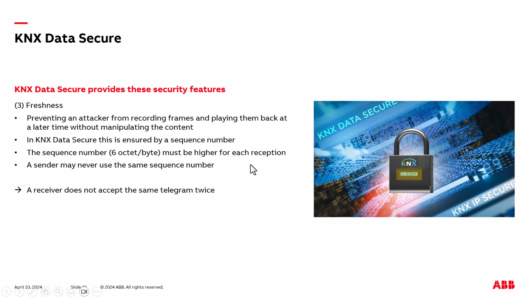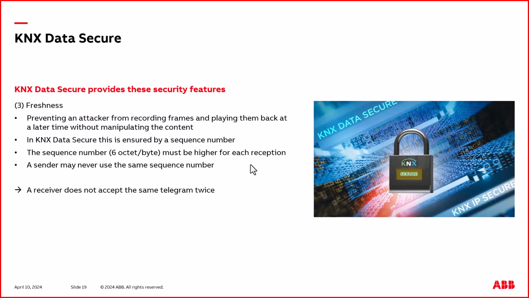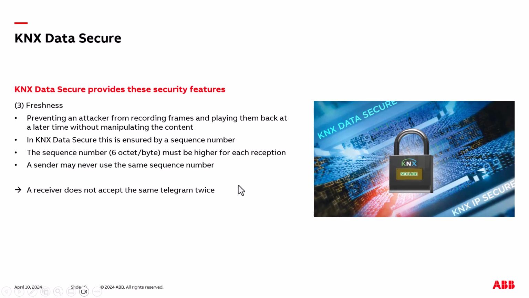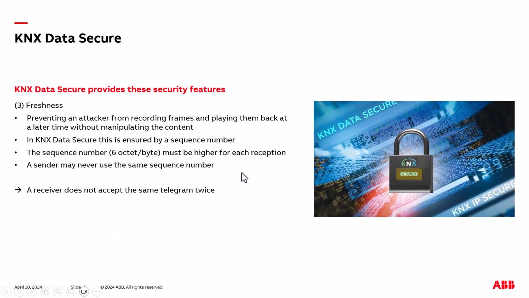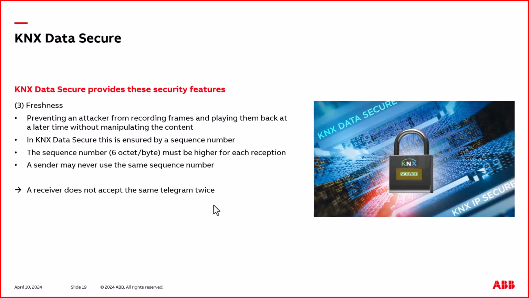So each telegram with the same group address is different. And the actuator accepts a telegram only if the sequence number is higher than before. So with this freshness mechanism, it is not possible to record a telegram with the group monitor and play it back. No chance to do this kind of attack.